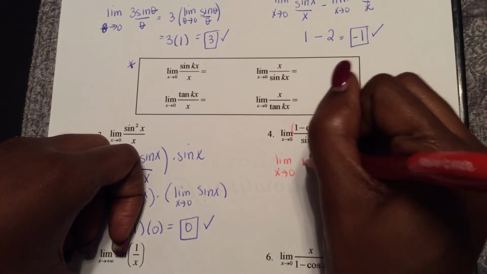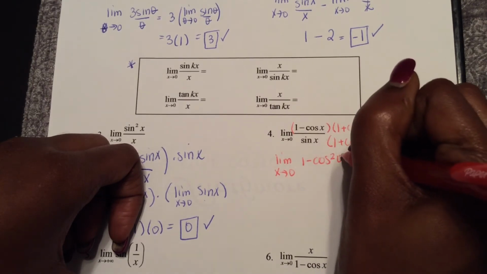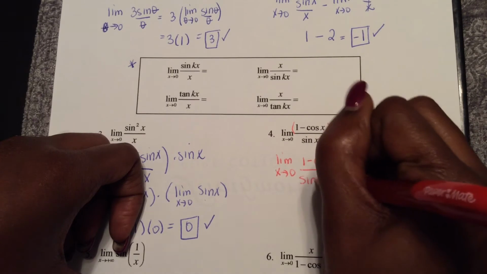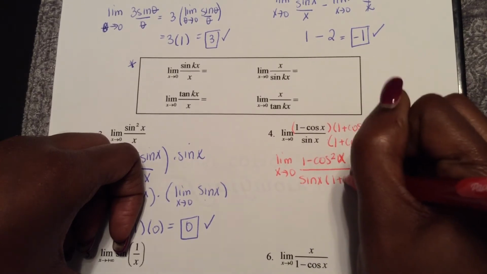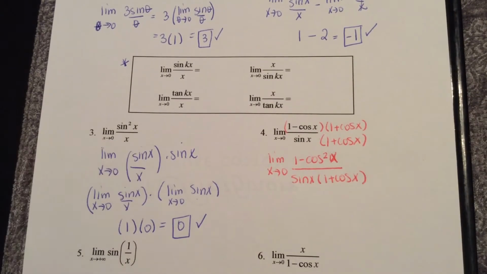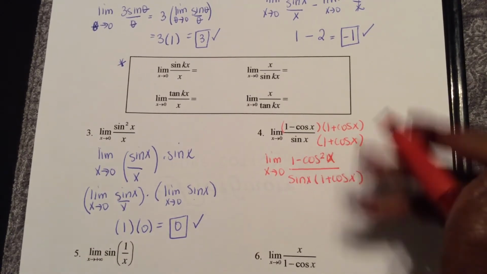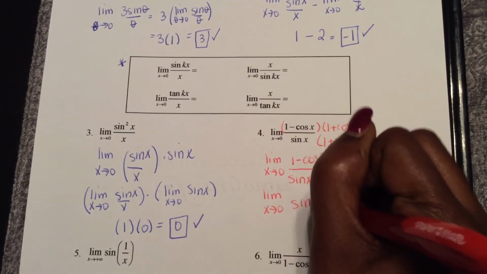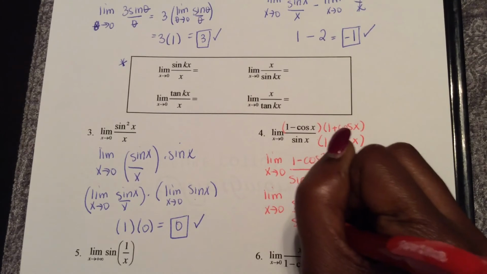This becomes 1 minus cosine squared x on my numerator, and this becomes sine x times 1 plus cosine x on my denominator. So remember our Pythagorean trig identity, 1 minus cosine squared x is sine squared x.